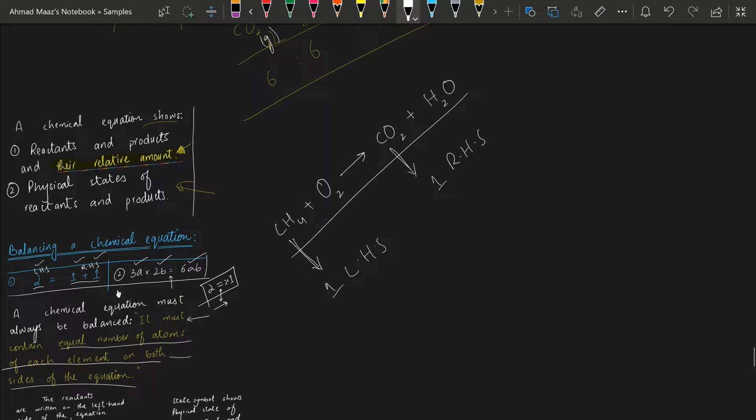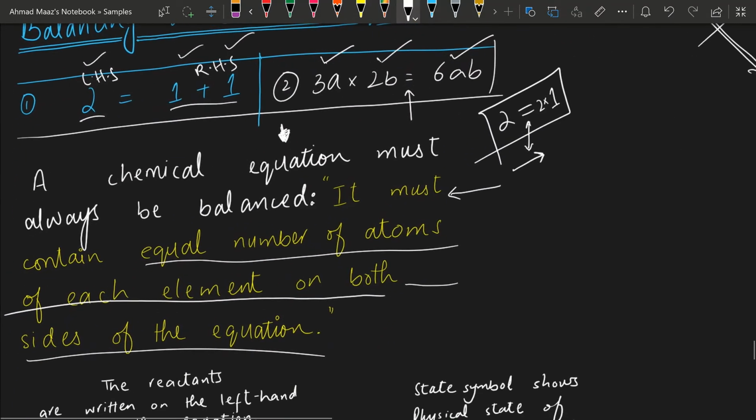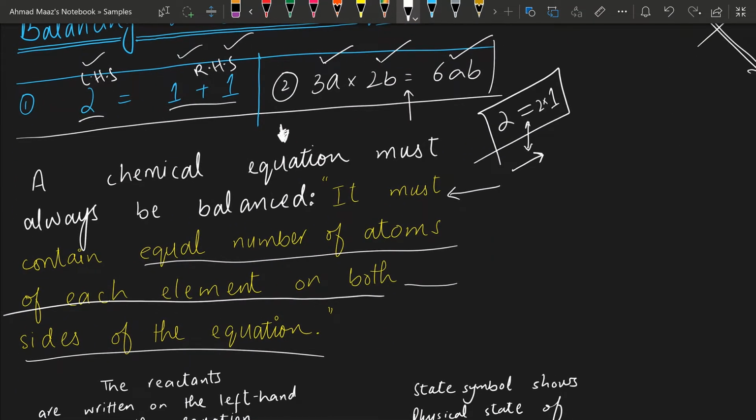But if you see the number of hydrogens, it is 4 on the left hand side and it is 2 on the right hand side. So it is not balanced. And this rule says that a balanced chemical equation must contain an equal number of atoms of each element on both sides of the equation.